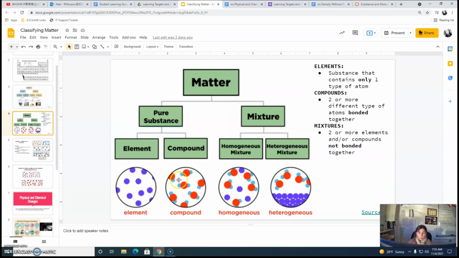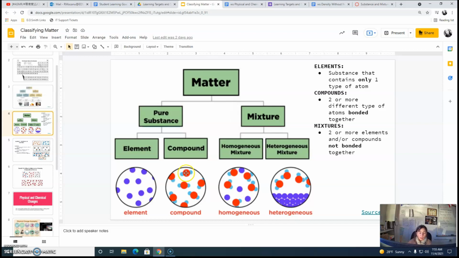A compound has two or more different types of atoms bonded together. The word bonded is important. In the diagram, we have a red dot and these light blue dots, which represent different types of atoms.